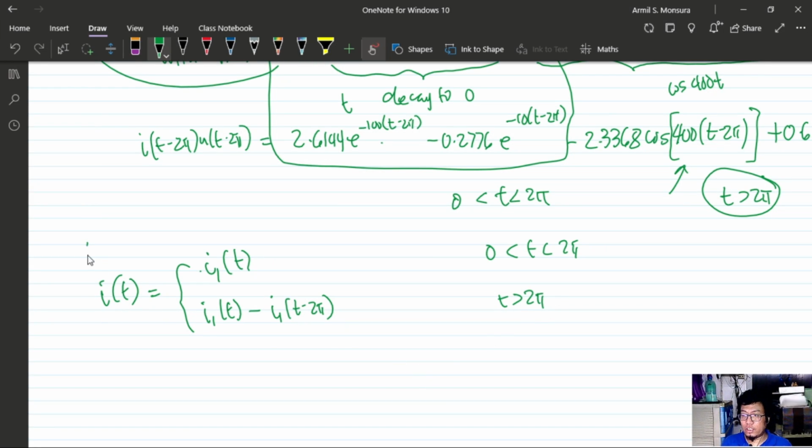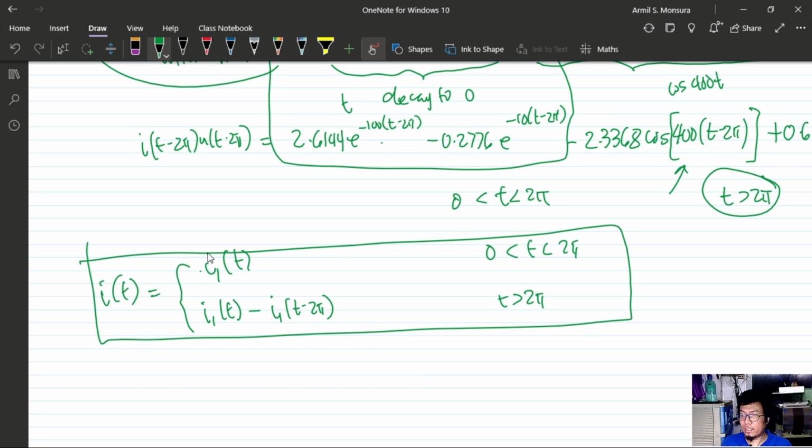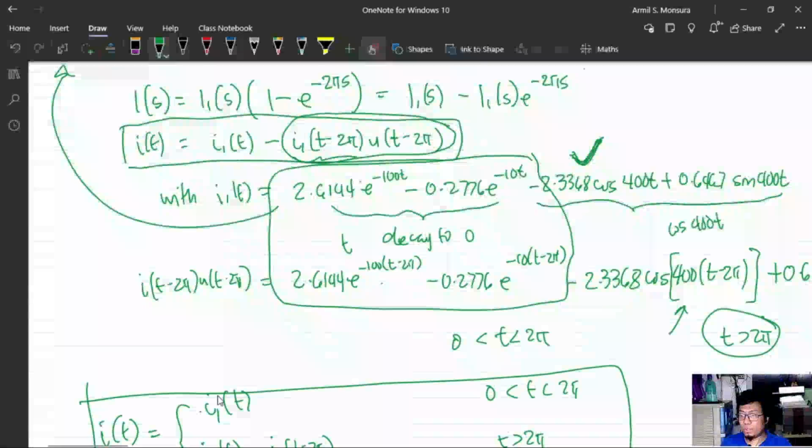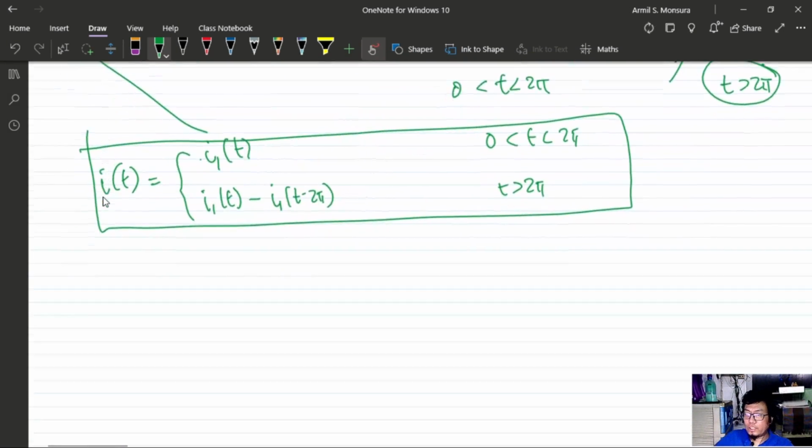Okay. Pwedeng ito na lang yung final answer na i-express nyo. Again, I1 of t was specified naman. And then, try to include this graph.